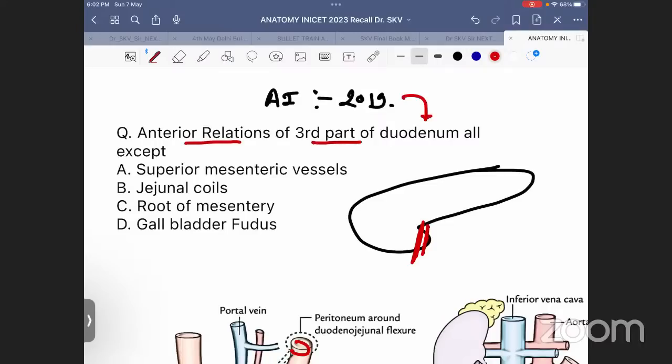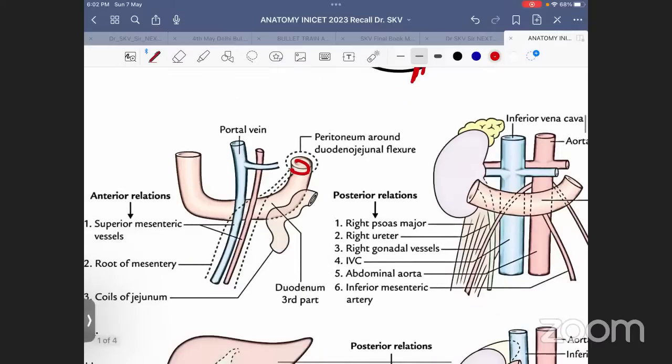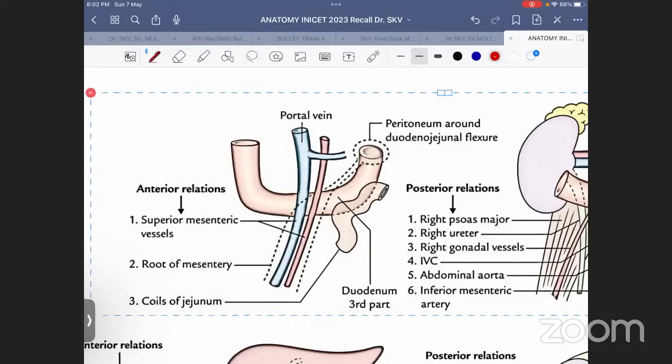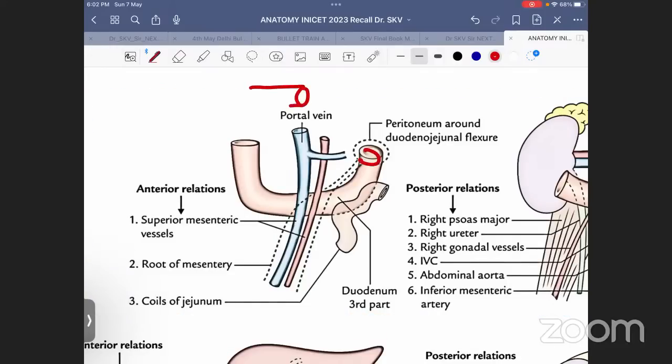Anterior relation of the third part of the duodenum, all except. Here is one image from our standard textbook. You can see the first part of the duodenum continuing as the second part, then coming as the third part, and then continuing as the fourth part of the duodenum.